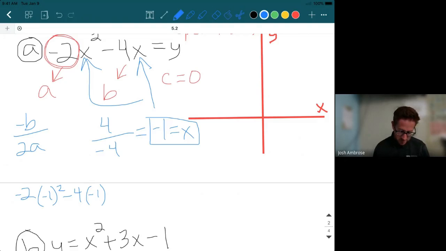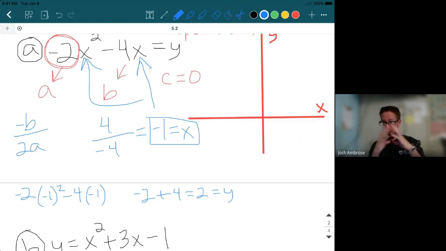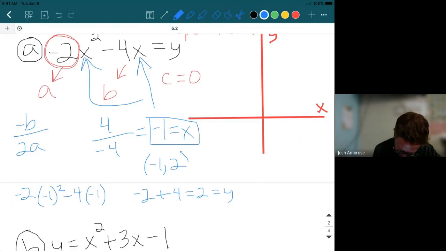So negative 1 squared is 1 times a negative 2 is negative 2. Negative 4 times negative 1 makes a positive 4. So we're looking at 2. And that would be our y value. So 2 equals y. And remember, the vertex is x and y put together. So the coordinate would be negative 1, comma 2. That would be the vertex.